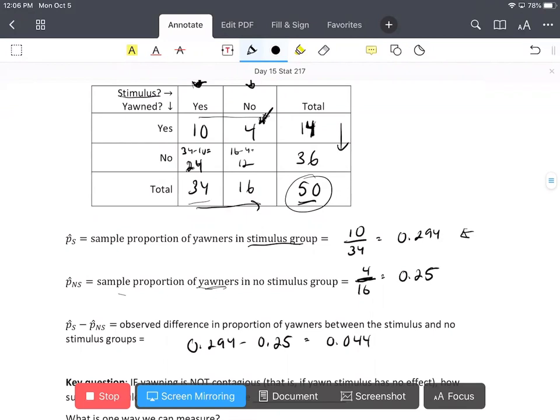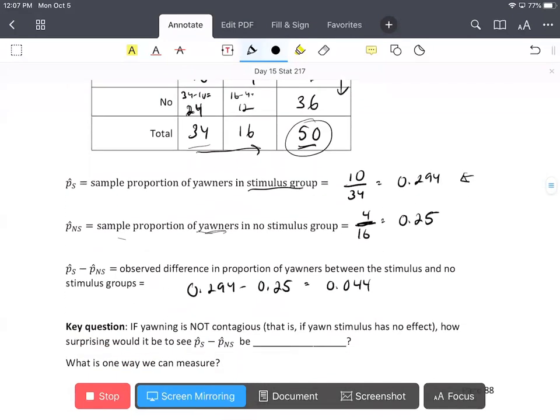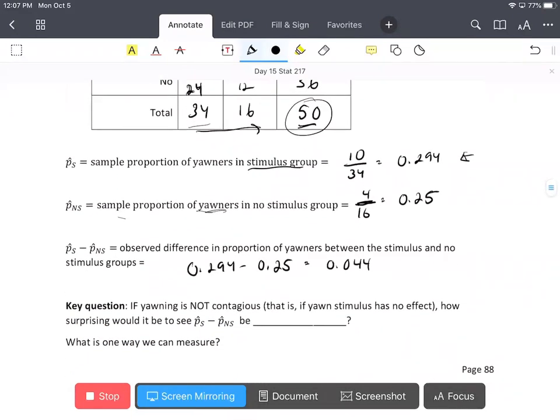Now, remember, we want to look at the observed differences. That's, remember, when we talked about looking at the null distribution, whether they were the same or not. So the observed difference in proportion of yawners between the stimulus and no stimulus groups is you take the numbers that you found above, subtract them, and I got 0.044.